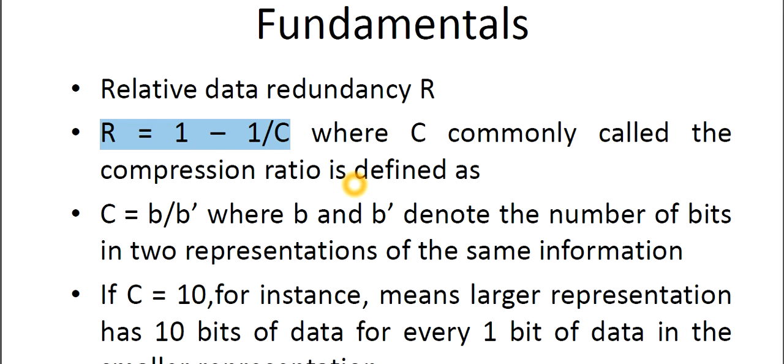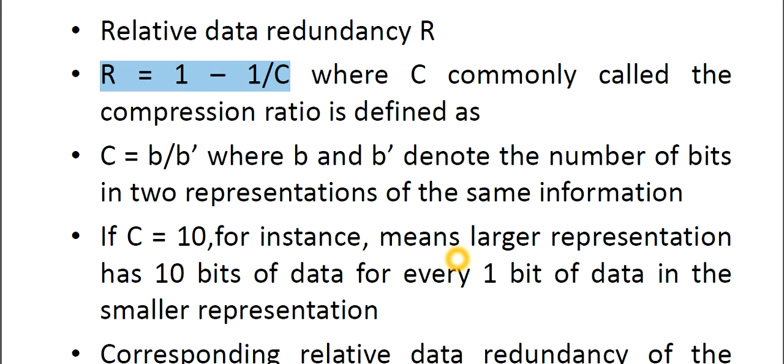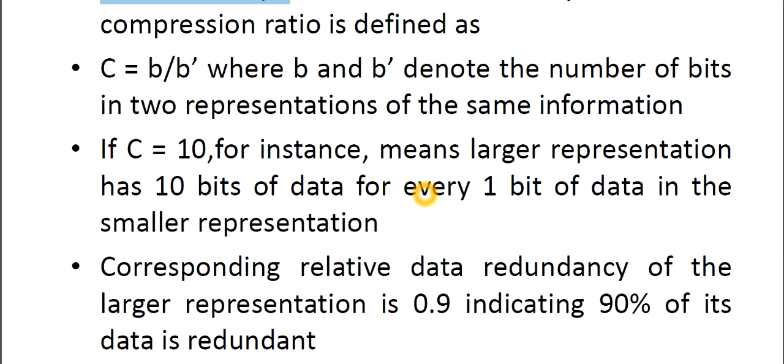I'm repeating again. R is the relative data redundancy and C is the compression ratio, and we define C as B by B dash, and here B and B dash denote the number of bits in two representations of the same information. For example, we have taken C is equal to 10.